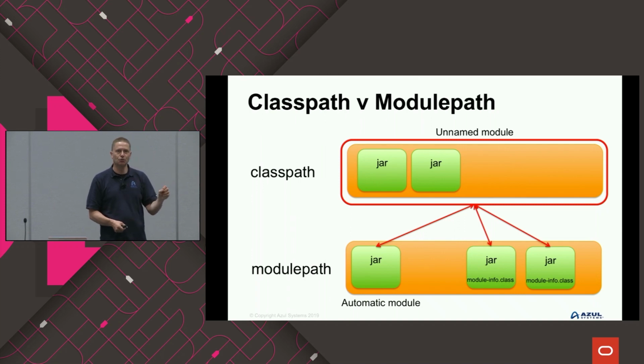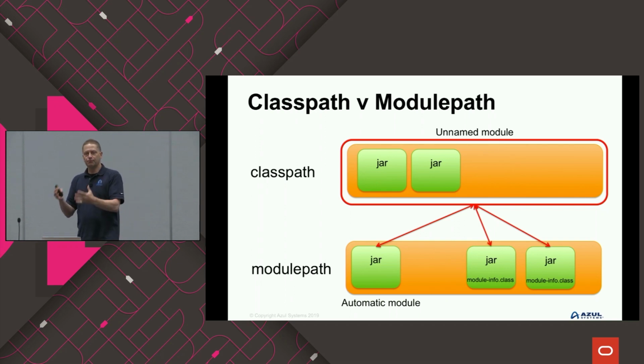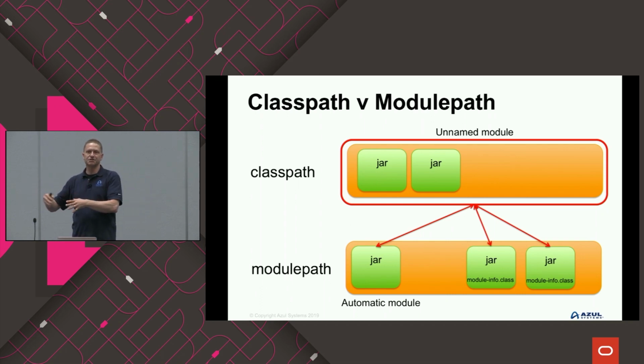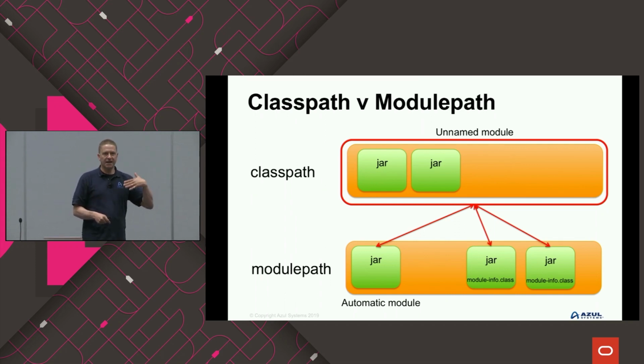An automatic module is one where the name of the module is derived from the name of the jar file. All public packages in that jar file will be exported, and it will depend on all other jar files on the module path. So you're not specifying anything explicitly; it just says, okay, the automatic module depends on everything else and exports everything it has, but it still works.